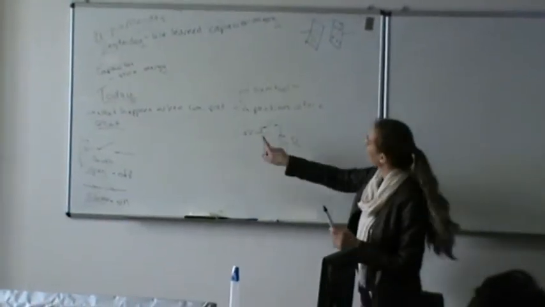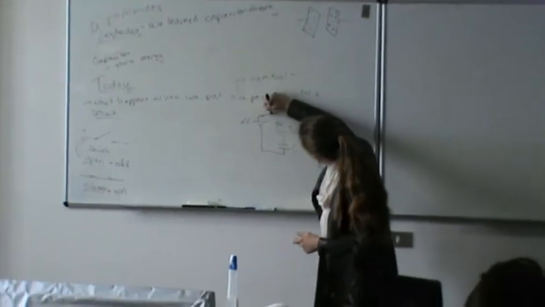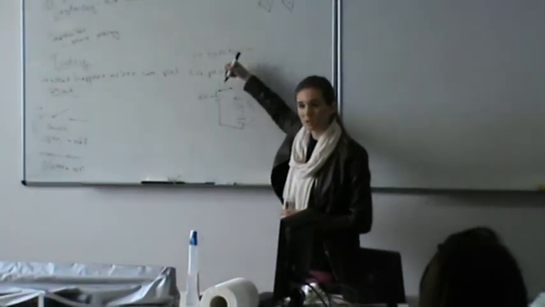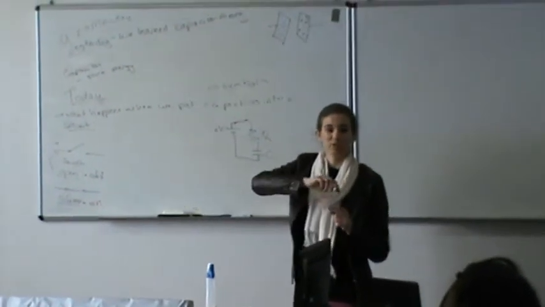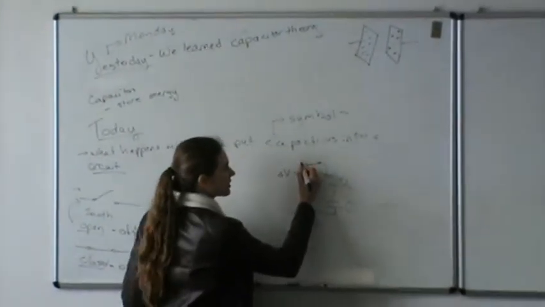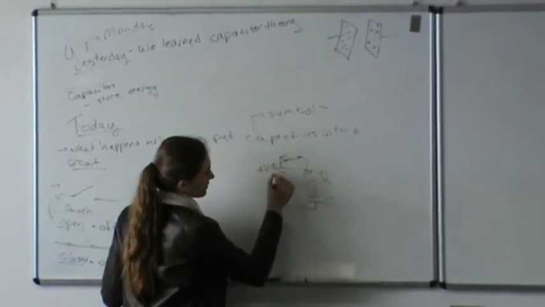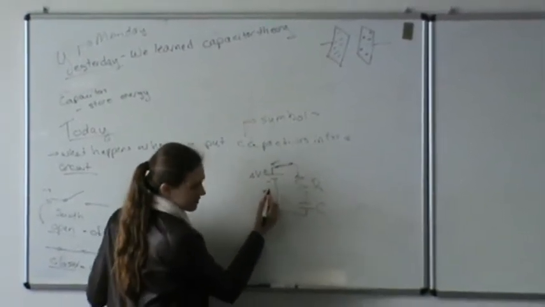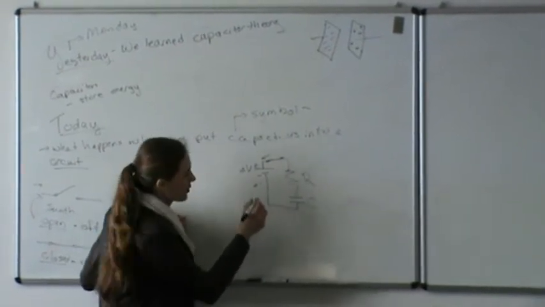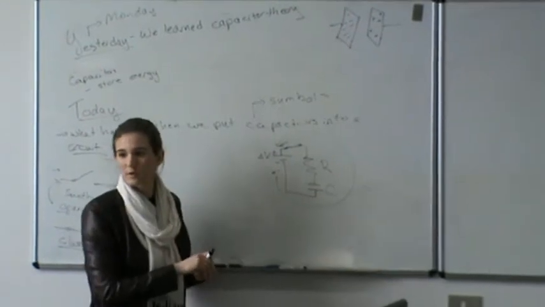So we close the switch, and when we close the switch, then electrons start to flow through the wires. Right? So we have electrons here. Or sorry, no, I guess these are positives. This is positive, negative. We have electrons on this side, right? And they want to flow around like this, right?